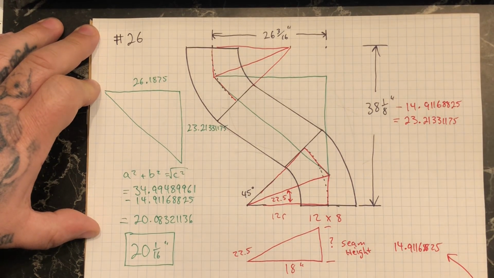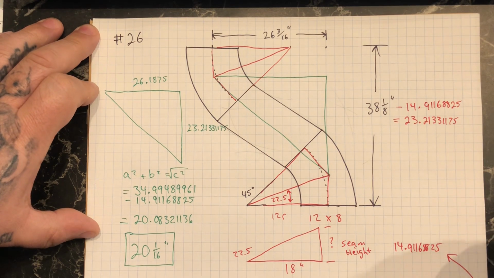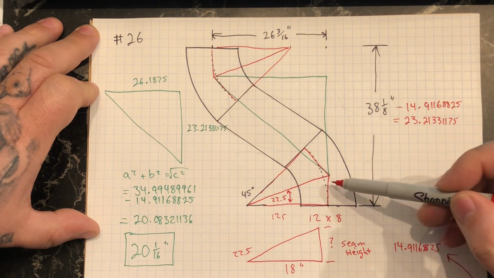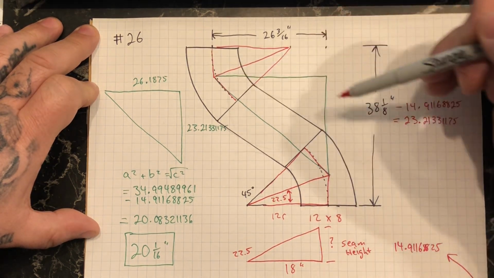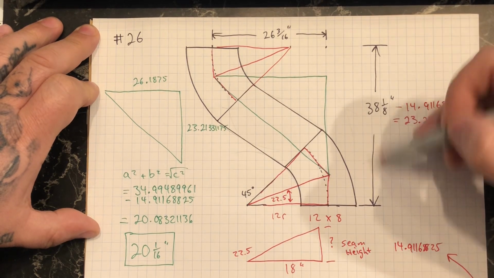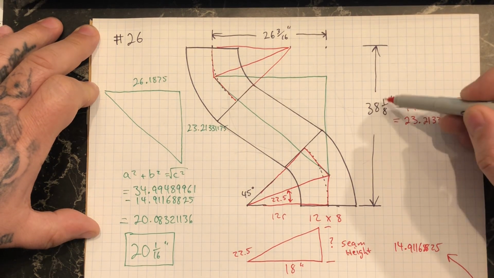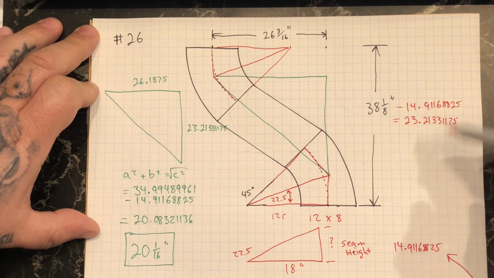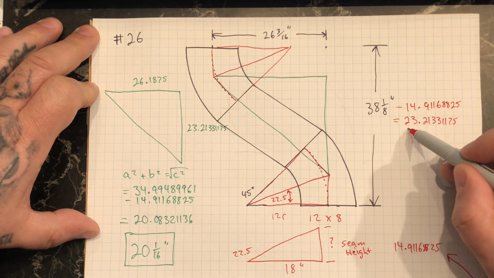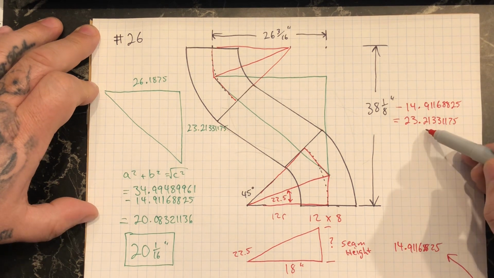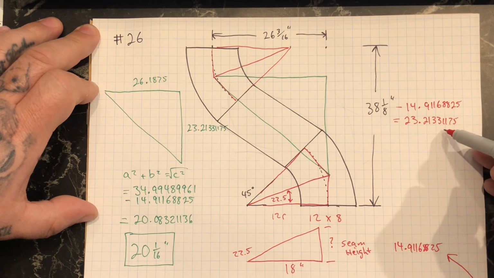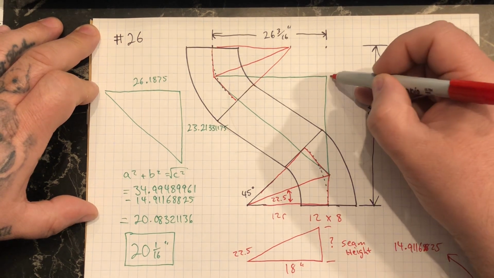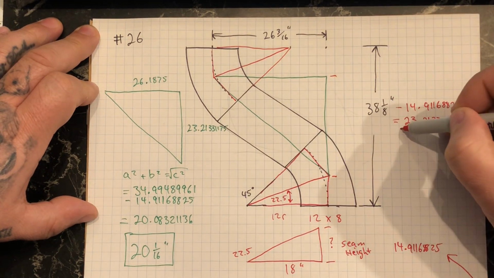I multiplied it by 2 because anytime we're going to use that seam height, we're going to be subtracting it twice basically. Once here and once here. So that's twice off of the height. So I'm going to take this height, subtract 2 seam heights, which is this number here, off of it, which leaves me a total of 23.21331175. So now this part of the triangle is that long.